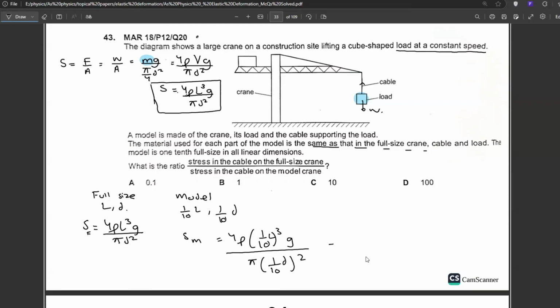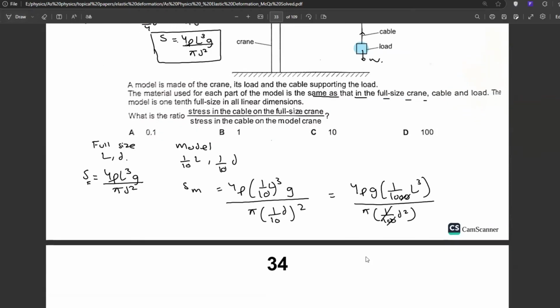This will become 4 rho g and 1 over 1000 L cube, divided by pi into 1 over 100 d square. This will get cancelled out with these two zeros and only 1 over 10 will be left.